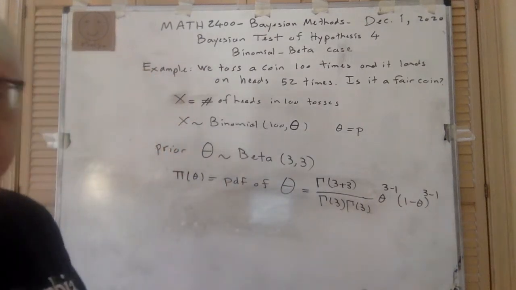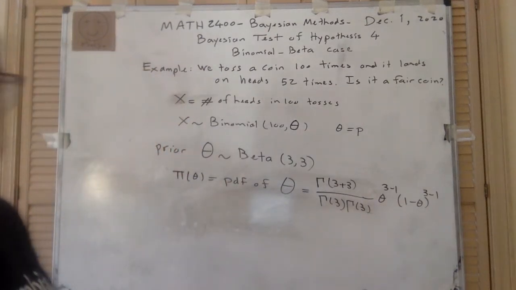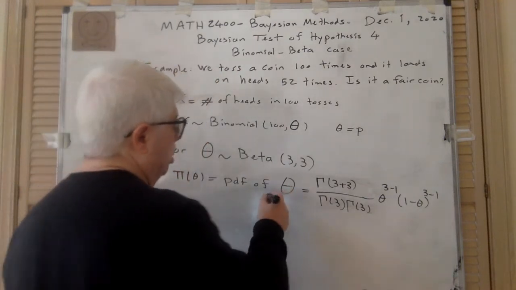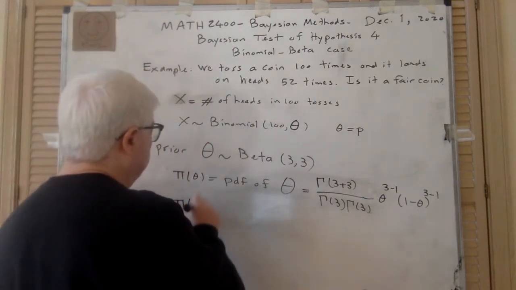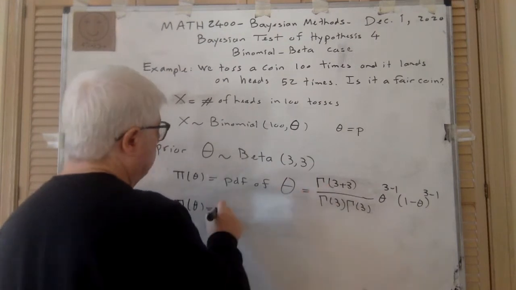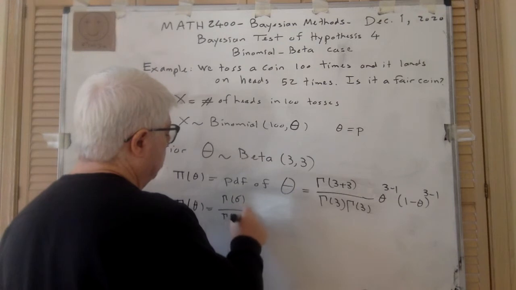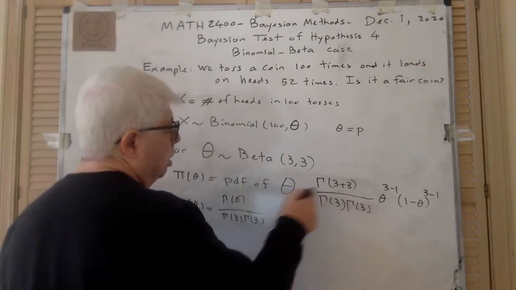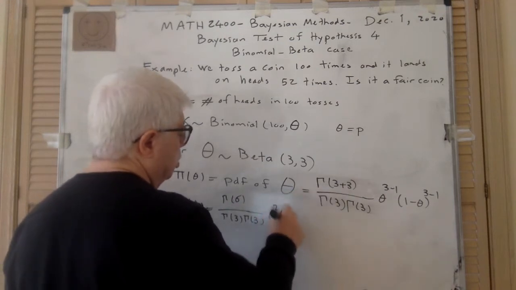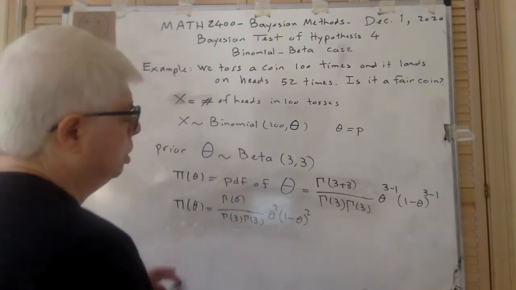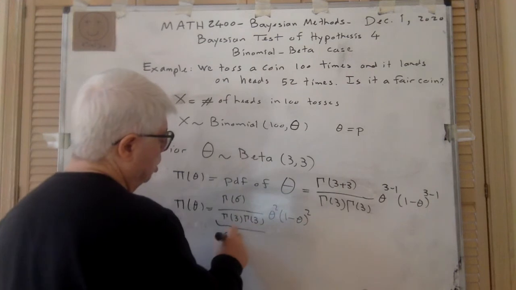So pi theta is some constant, gamma 6 over gamma 3 gamma 3. The important thing is this. So this is the constant.